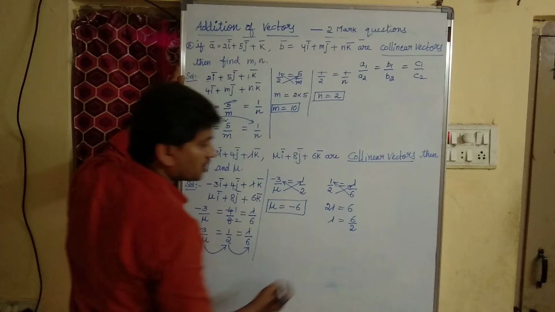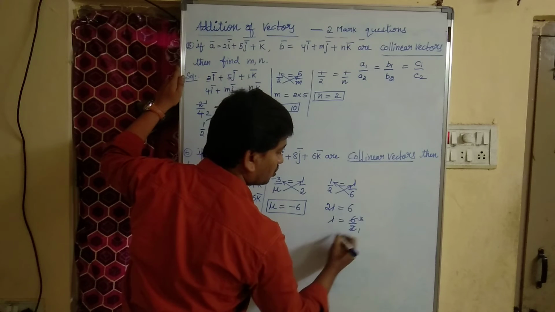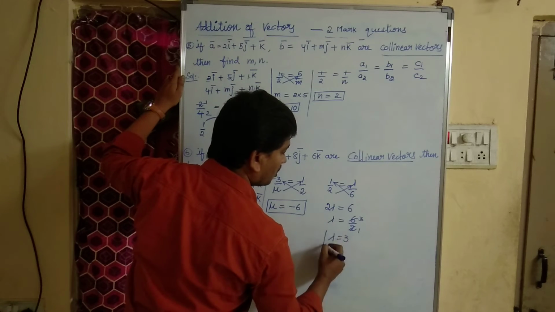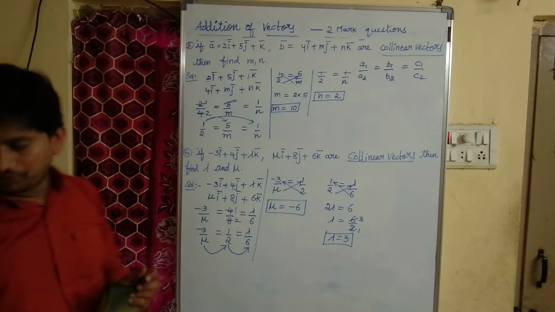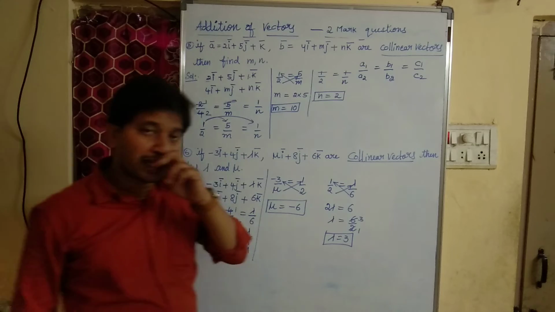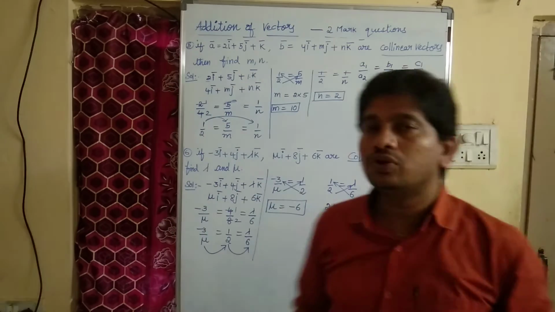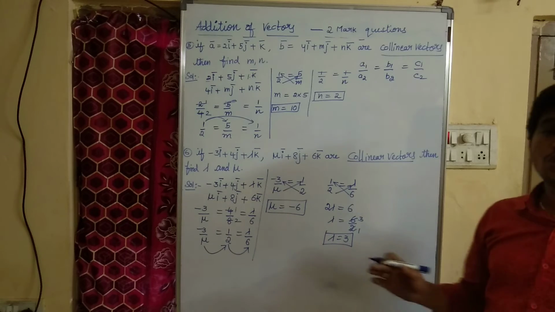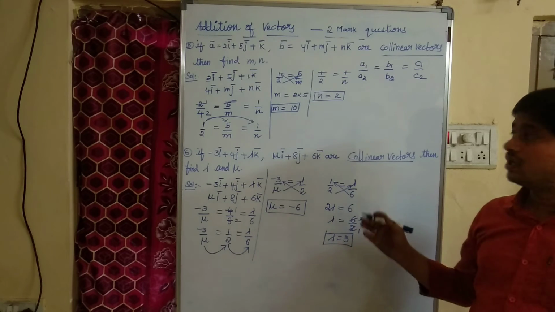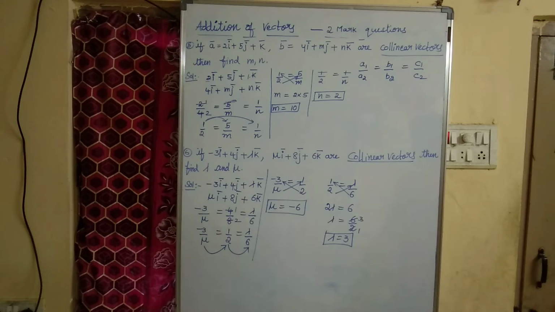So lambda equal to 6 by 2, 2 ones are 2, 2 threes are 6. So what is the value of lambda? Lambda value is 3, right? So you have to remember the condition for collinearity. That is A1 by A2 equal to B1 by B2 equal to C1 by C2. And this is one of the most important topics in our addition of vectors, right?